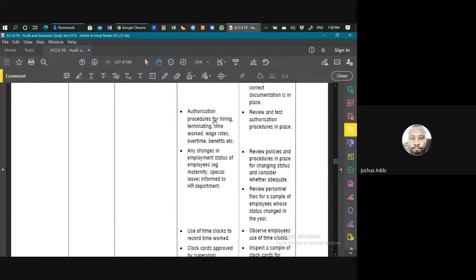Authorization procedures for hiring, terminating, time worked, wage rates, overtime, benefits, etc. This is straightforward. All of these things need authorization by a senior officer so that the crooks in the organization don't achieve their objectives.